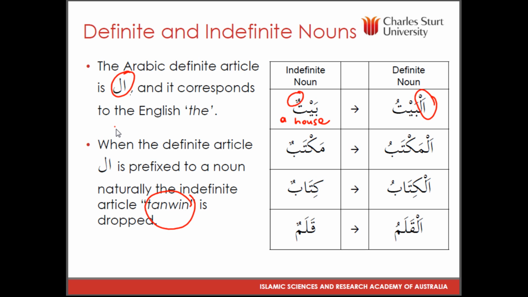So it means in one word, tanween and al cannot occur at the same time. There should be either tanween, which is nakira, indefinite, or if there is al, there shouldn't be tanween. It is an important rule in grammar.